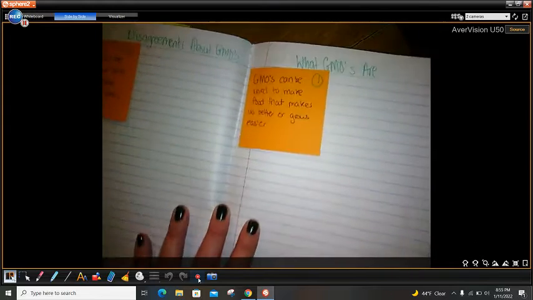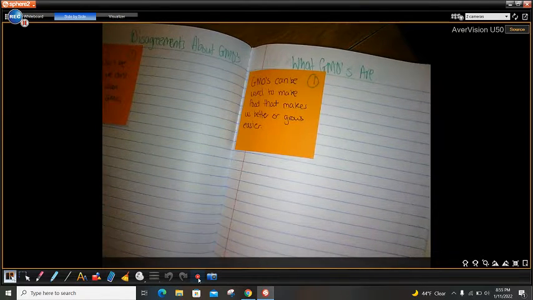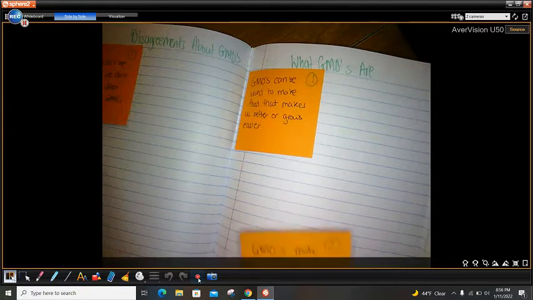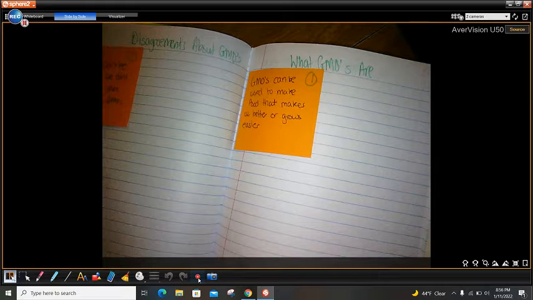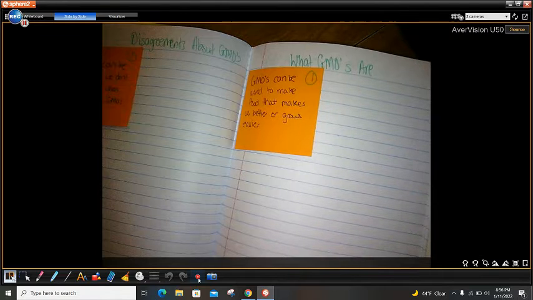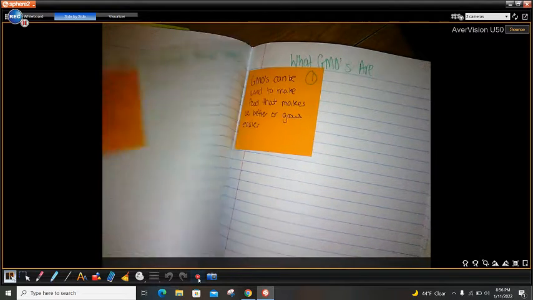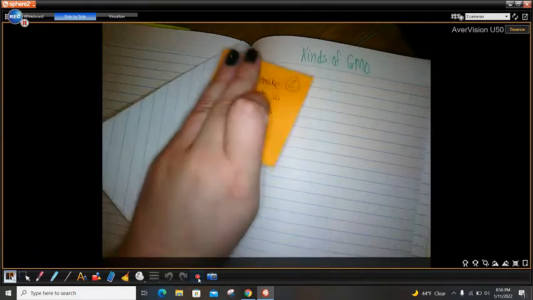A couple of the things I'm noticing, or I read about, is that GMOs make food more resilient to feed a growing population. So when they talked about making corn so that it doesn't get killed by weed killers, or when it talks about like the salmon growing larger, I feel like that might go under kinds of GMOs.